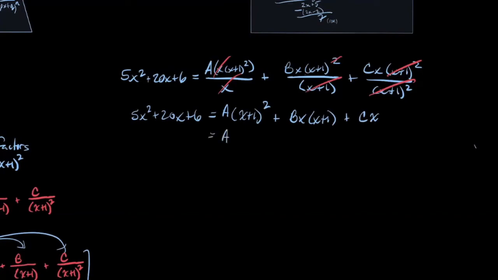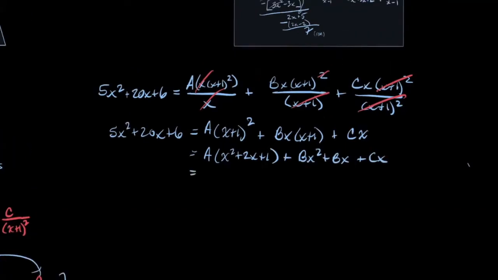So this is a times x squared plus 2x plus 1 plus bx squared plus bx plus cx. So that would be ax squared plus 2ax plus a plus bx squared plus bx plus cx.